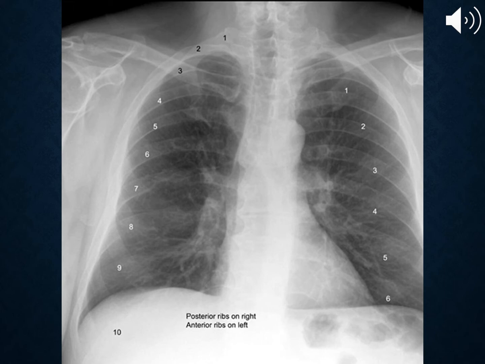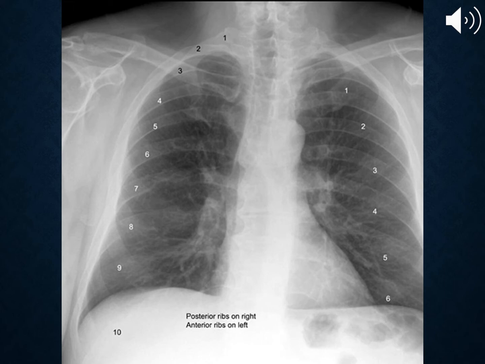But posterior ribs are going to be numbered 1 through 9 or 10 that you should be able to see. And the anterior ribs are 1 through 6. You should be able to see 6. So I know this is slightly confusing, but use the number of ribs to help differentiate. So posterior ribs on the left side of your screen, anterior ribs on the right side.